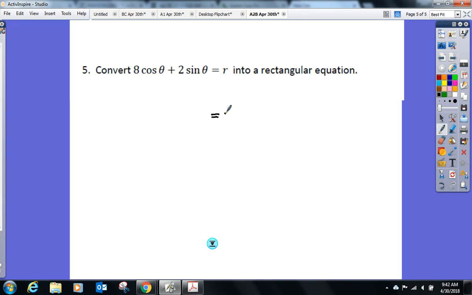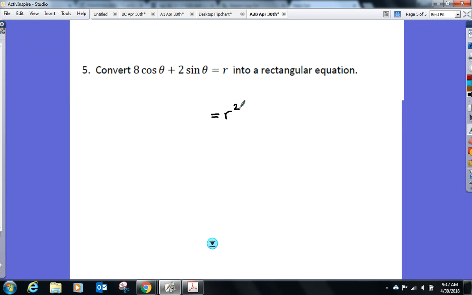So here you go. r squared equals, I'll just put it on the outside first, r times 8 cosine theta plus 2 sine theta. All right, what are you going to suggest I do with this r now? Ready? Watch what happens when you distribute. What do you get here when you distribute? 8r cosine theta, oh, something looks familiar in there.